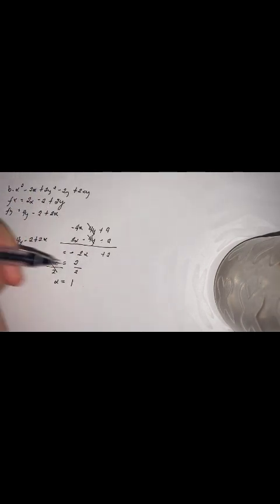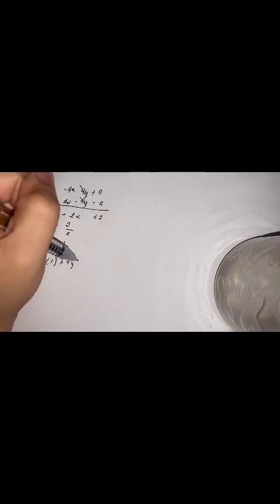Now, in getting our y variable, I'm going to move down a bit here. To get our y value, we're going to substitute our x value into the standard form of our partial derivative in f of y. So it's going to be 2 times 1 plus 4y minus 2 equals 0.